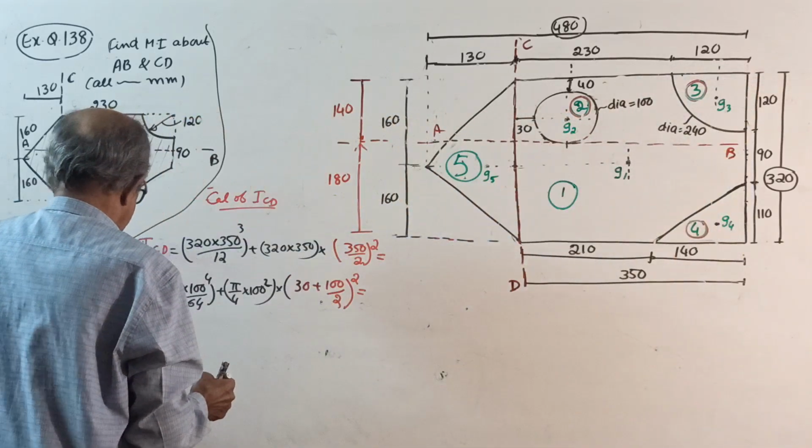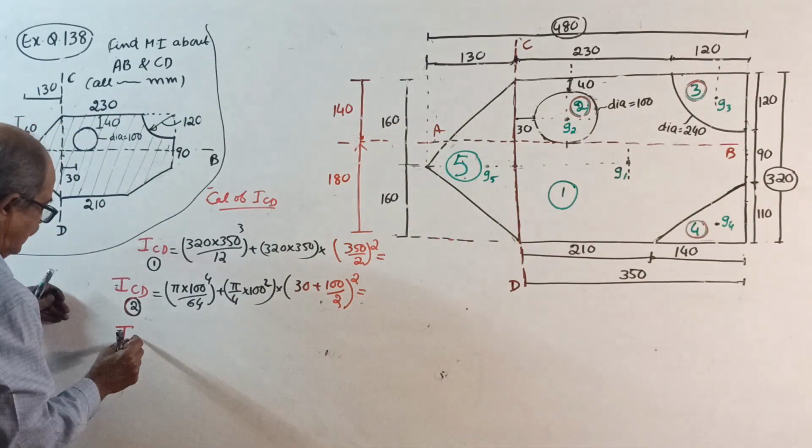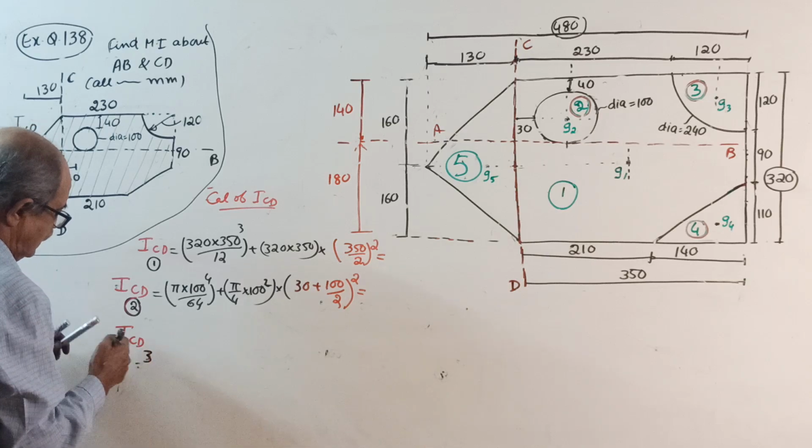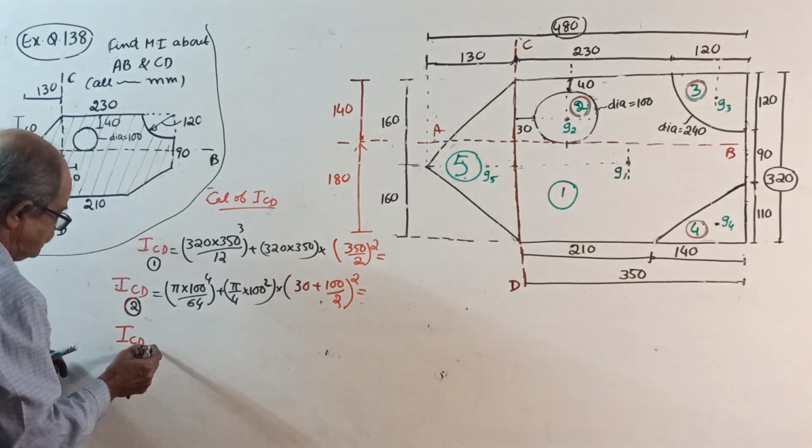3. I about its own axis first. I about CD for 3. Remember, 3 also is cut out.